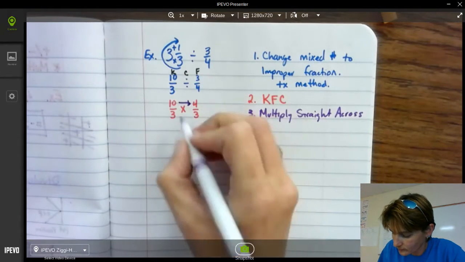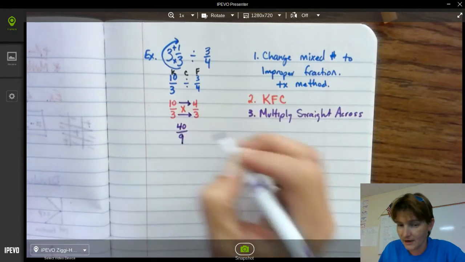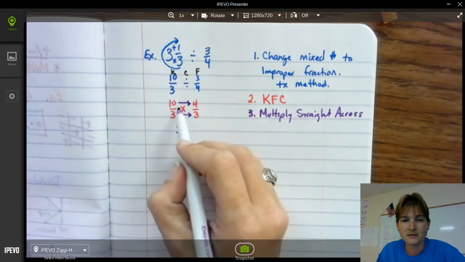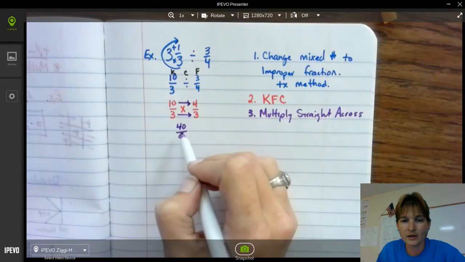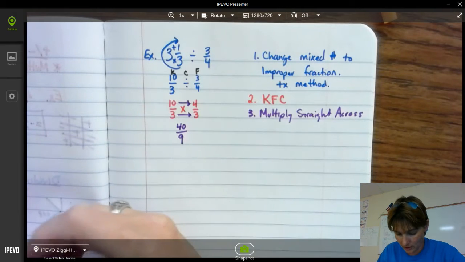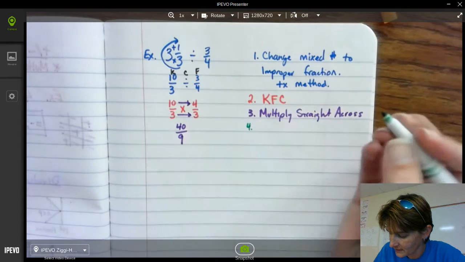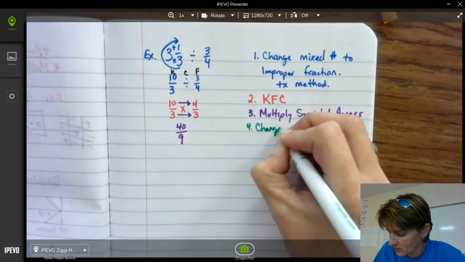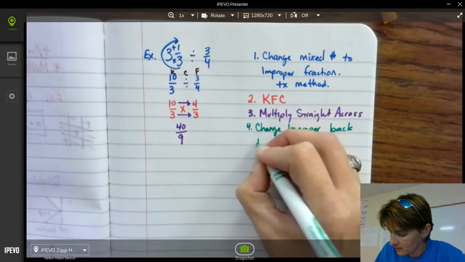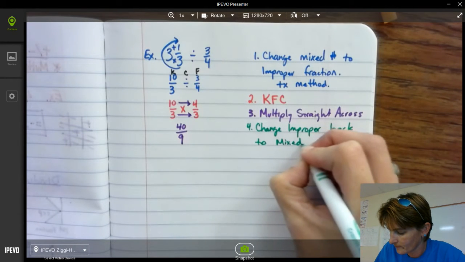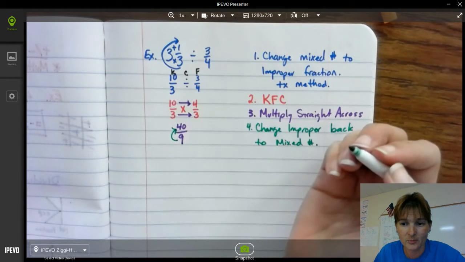10 times 4 is 40. 3 times 3 is 9. Can I leave this as 40 over 9? No, you cannot. This is an improper fraction. So at this point, I need to, last thing, change improper back to mixed number. 9 goes into 40 how many times?